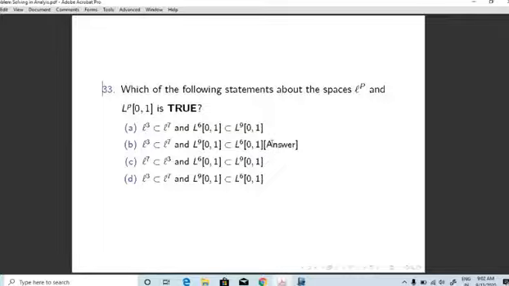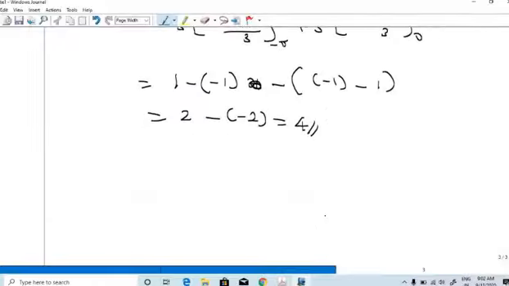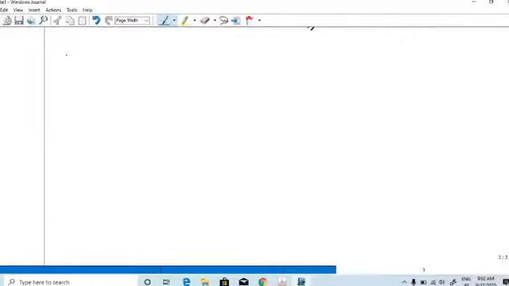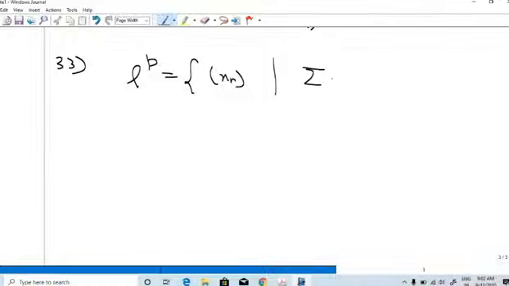Now next question. Which of the following statements about little lp and big Lp are correct? So just state what is small lp and big Lp. Small lp space is the set of all sequences such that the summation of modulus of xn power p, this series, is convergent. Finite means converges.